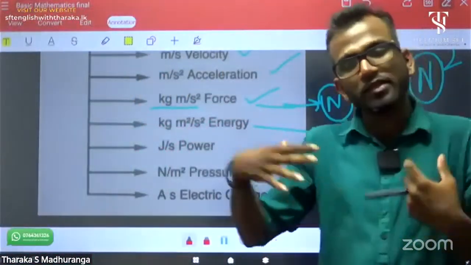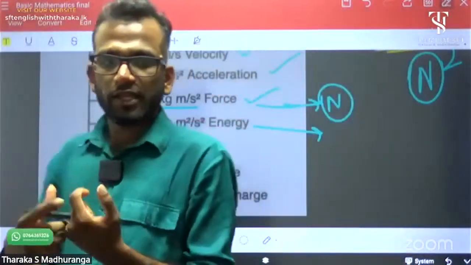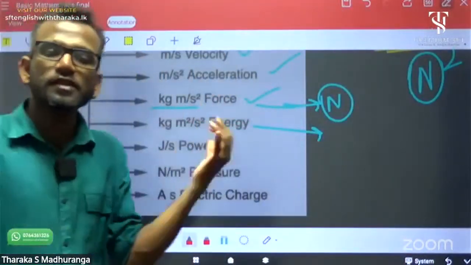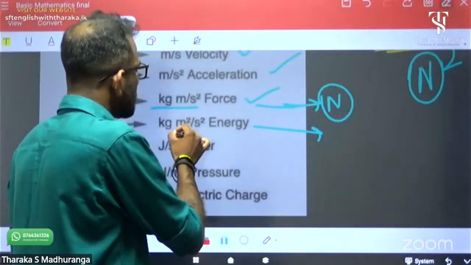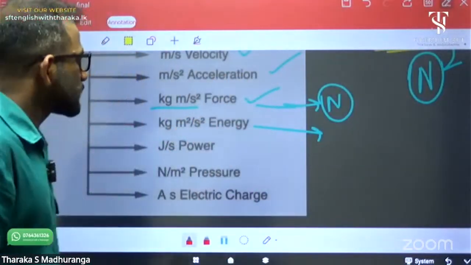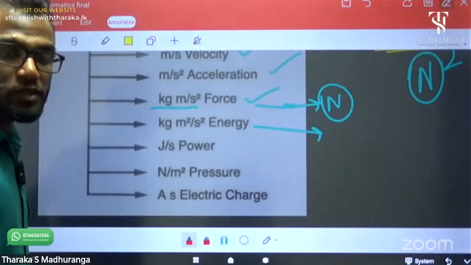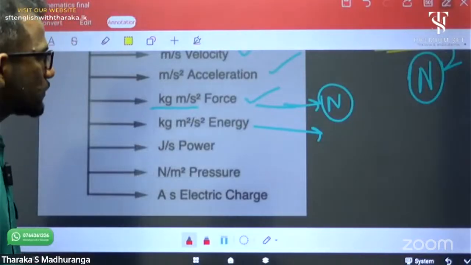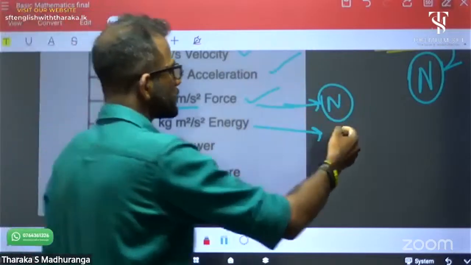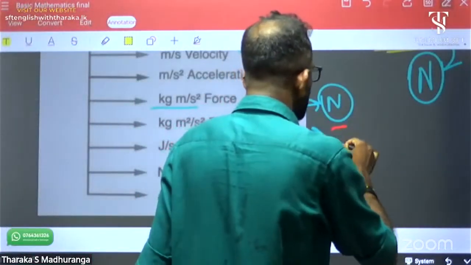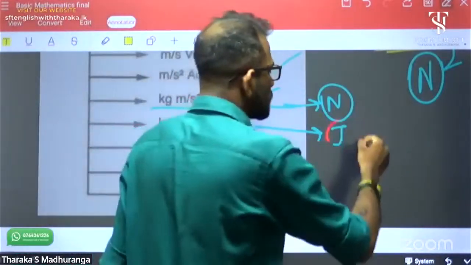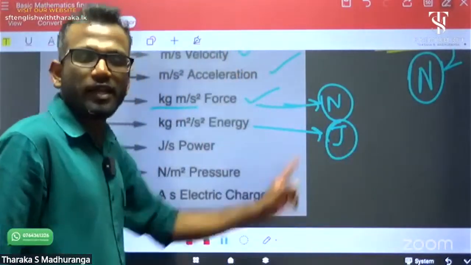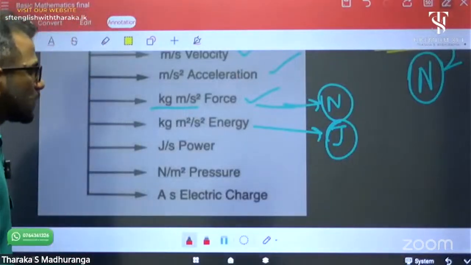Yes, it is a derived unit. See, kg m squared s minus 2 is the actual unit. In the work, energy, power lesson, I will explain more. But we use joule. The joule is a derived unit. Joule was a scientist, and we use part of his name.